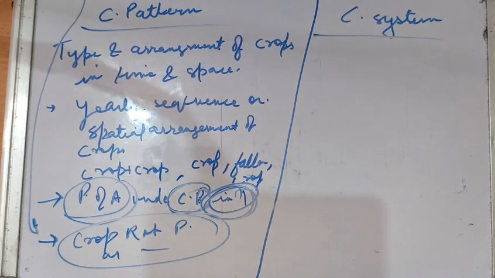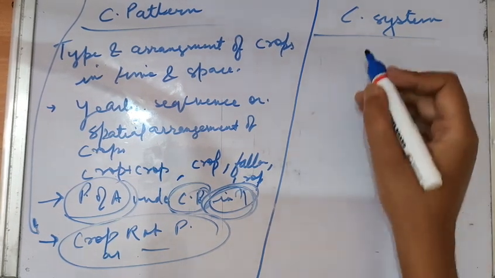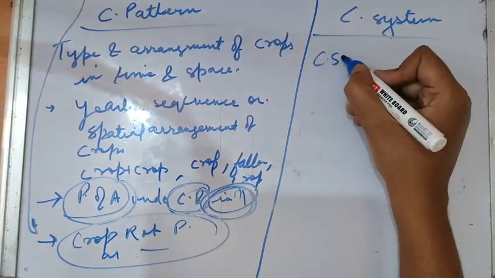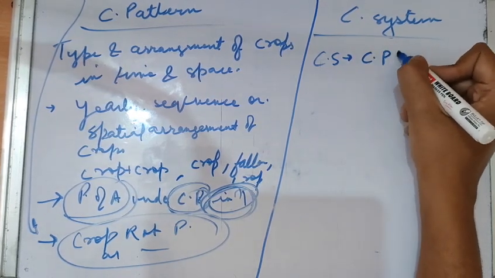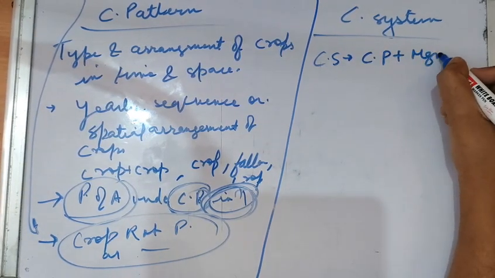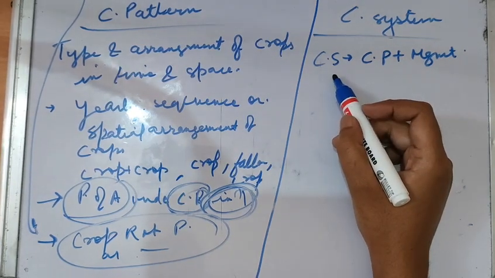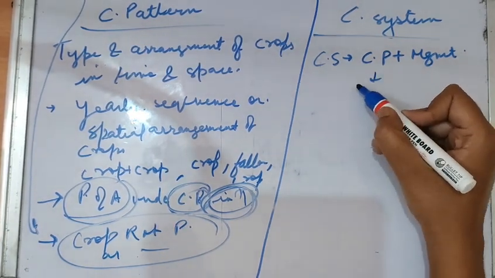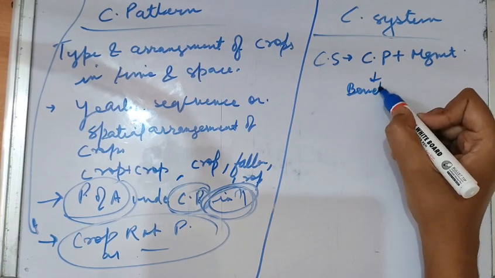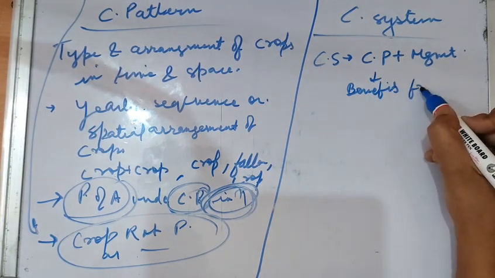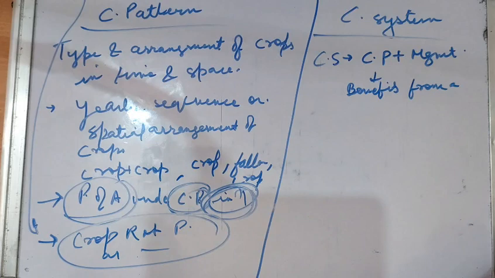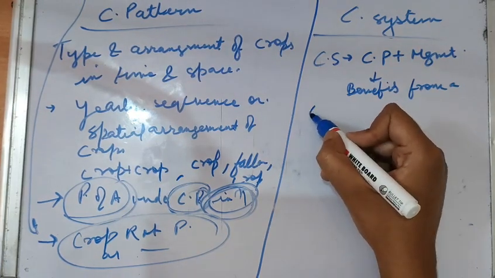Now moving on to cropping system. What is a cropping system? Cropping system is cropping pattern plus management, to derive benefits from a given resource base under a specific environmental condition.